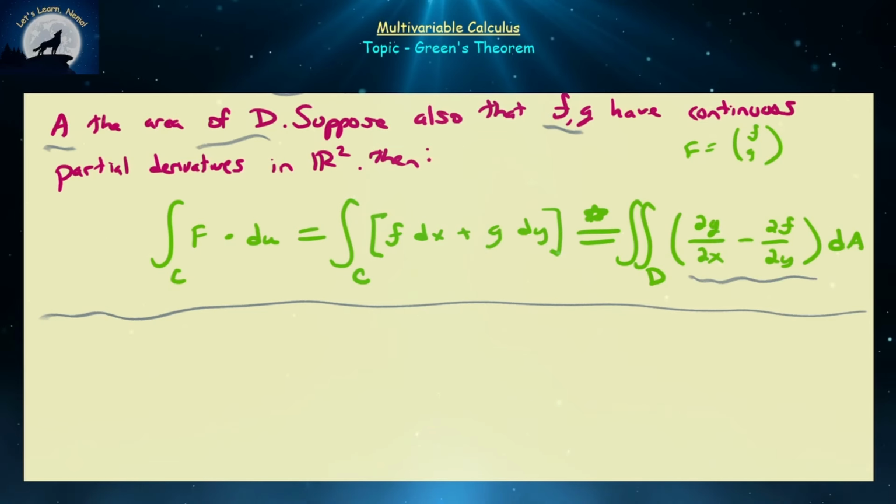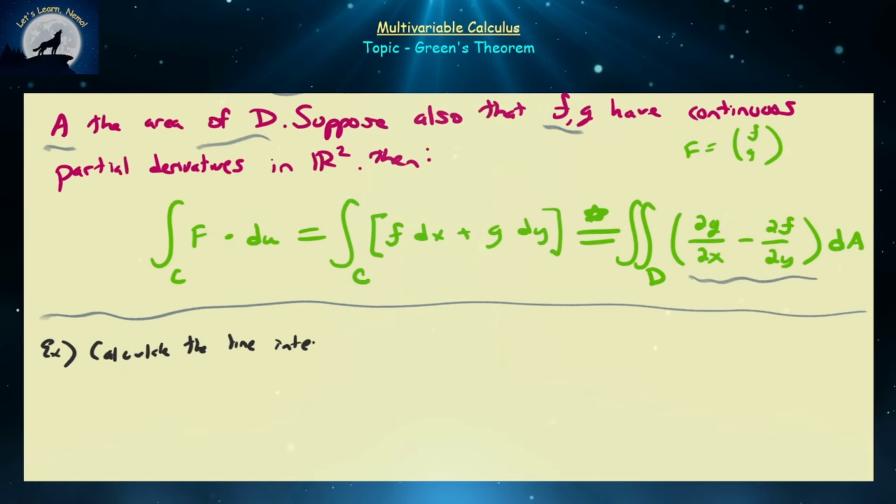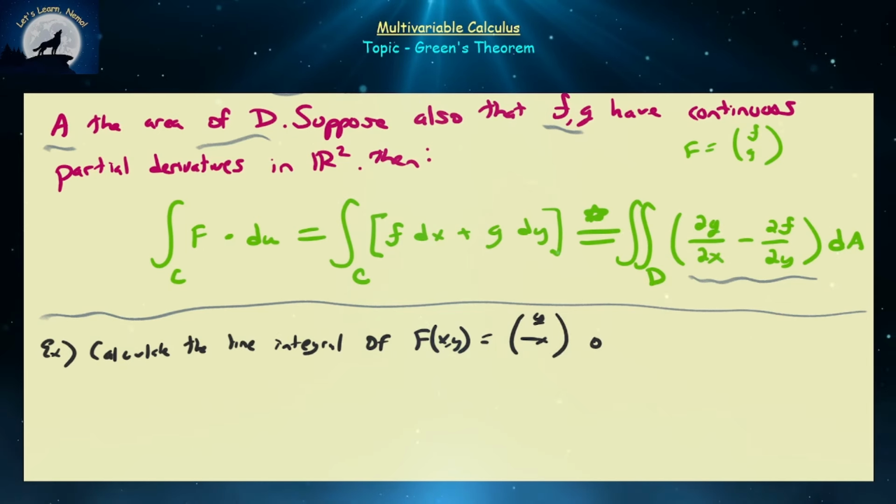Let's just do a couple examples of how to use this. So let's calculate the line integral of, let's choose vector field F(x, y) equal to (y, minus x) over the curve x squared plus y squared equals 1, you know, unit circle.